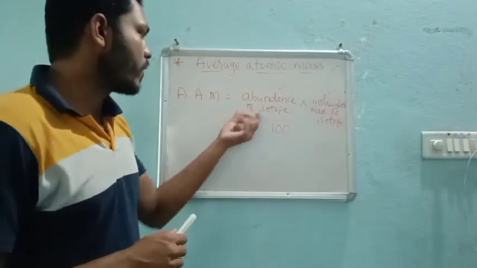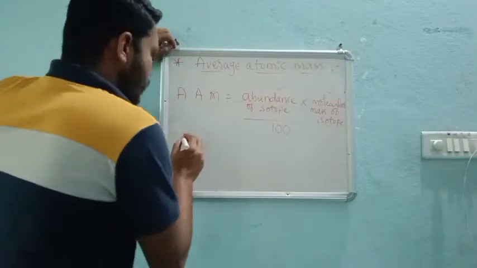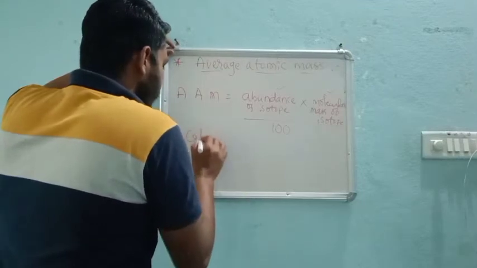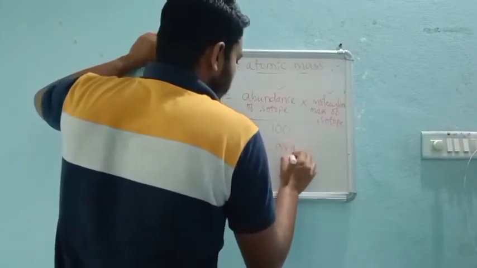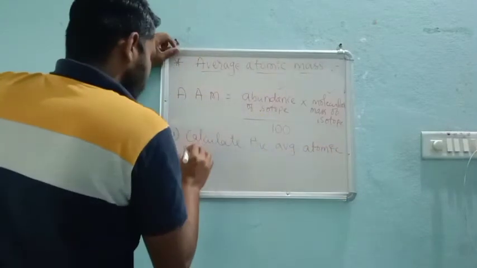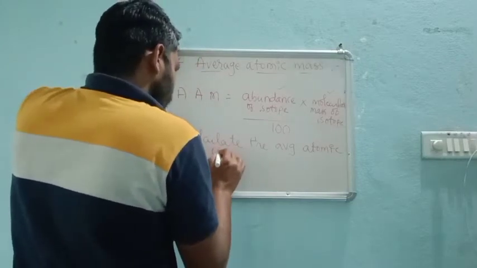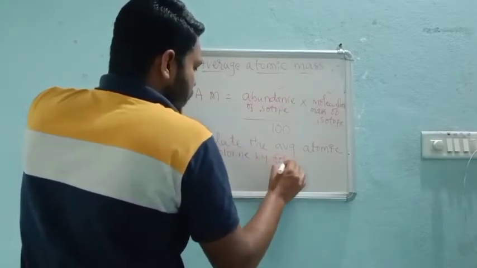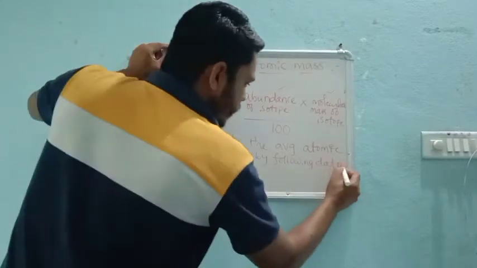The problem will be like this: calculate the average atomic mass of chlorine from the following data. They will give everything.